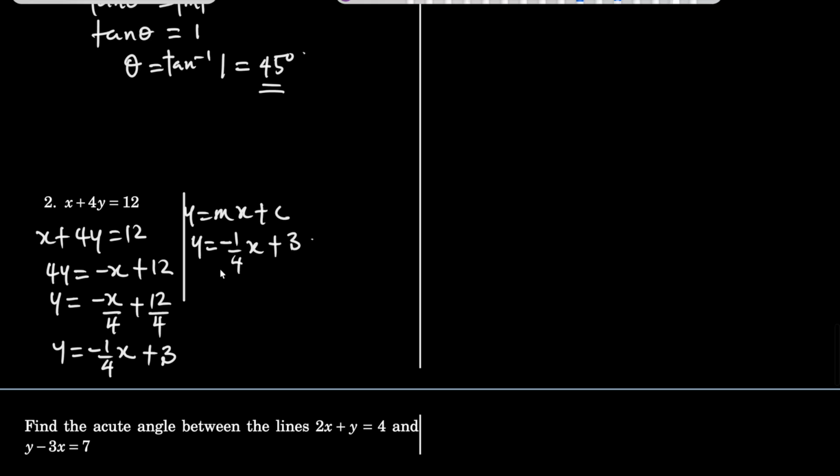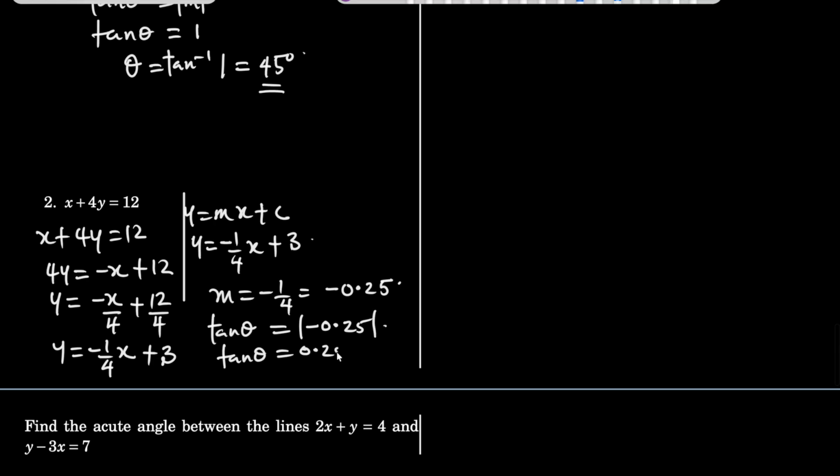From here we can easily extract our slope, which is m. So m equals minus 1 over 4. Minus 1 over 4 is negative 0.25, if I'm not mistaken. So tan theta is equal to the absolute value of minus 0.25. Tan theta is equal to 0.25, remember.